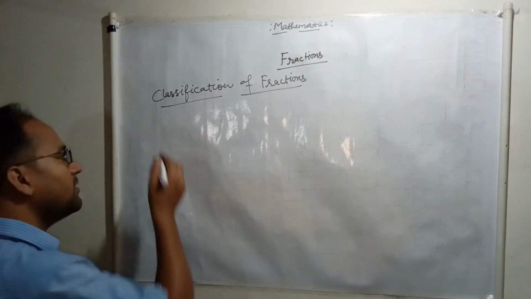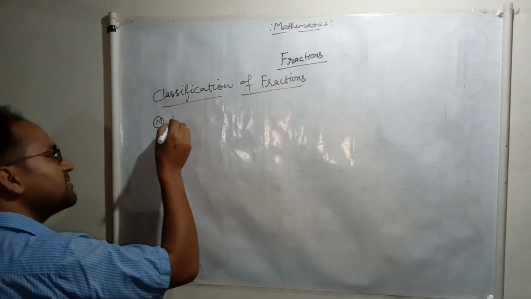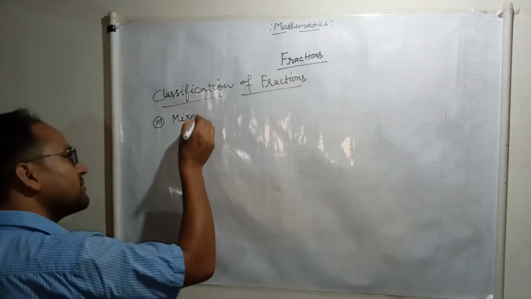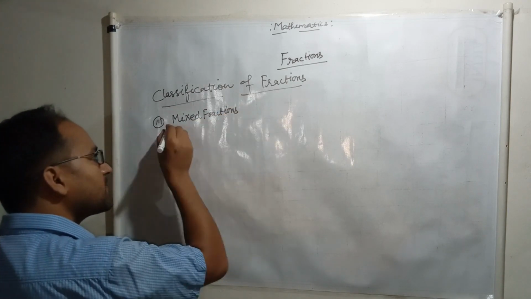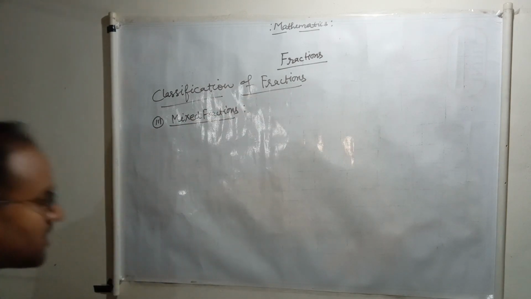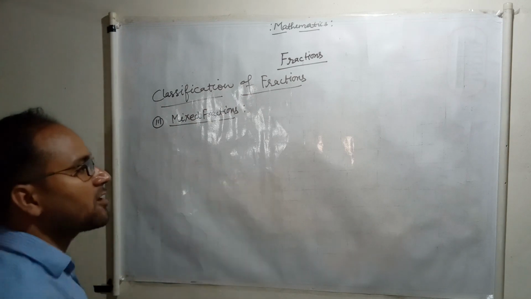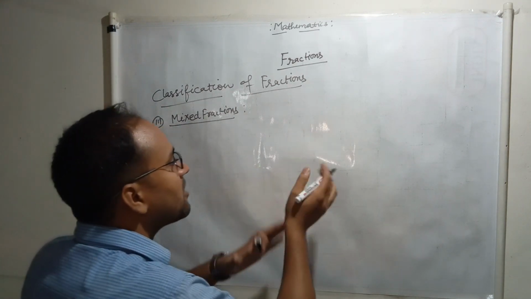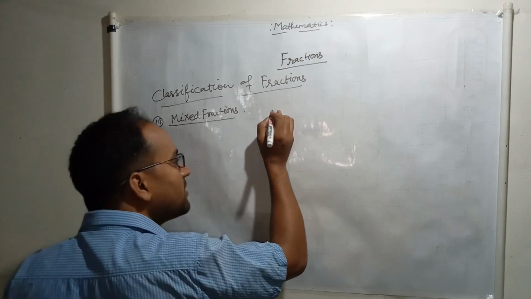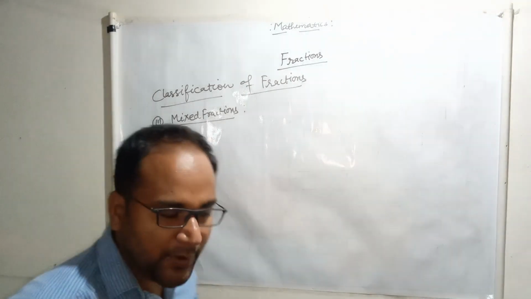So the third one is a mixed fraction. A mixed fraction is a combination of a counting number and a proper fraction.